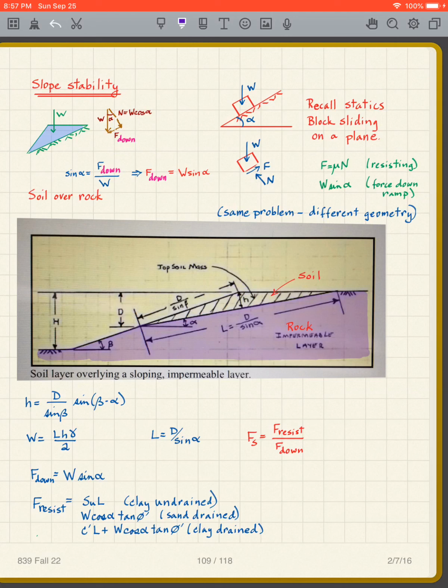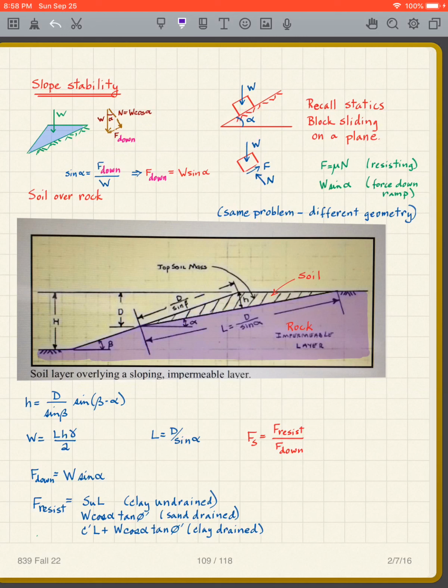And we have this length here, which is the distance that the soil is in contact with the bedrock, and then we have the angle beta. We're not using alpha here now; we're using beta. That's the angle of our slope there. This one is alpha, similar to that one.